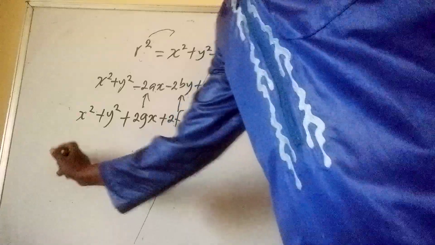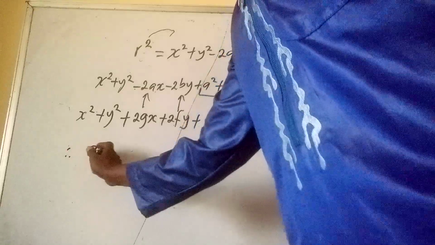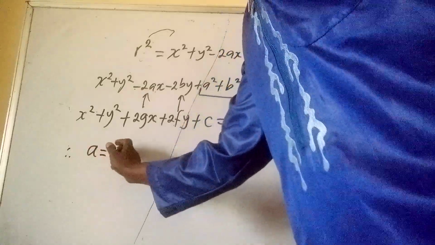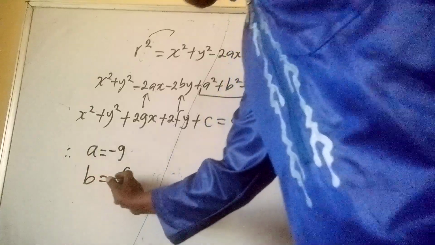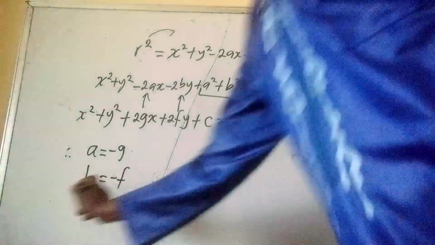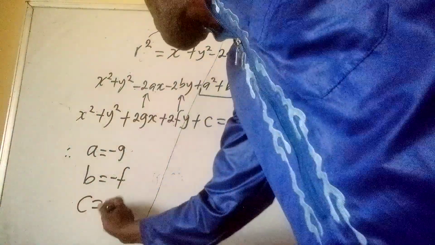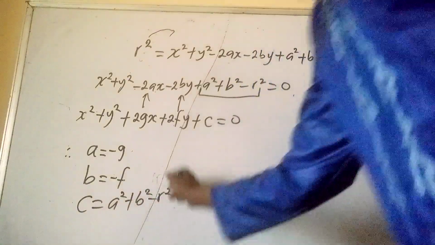Therefore, that is to tell you that a is equal to negative g and b is equal to negative f. Okay? And c is equal to a squared plus b squared minus r squared.